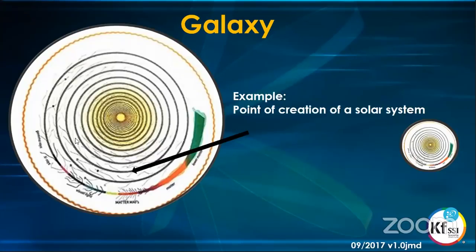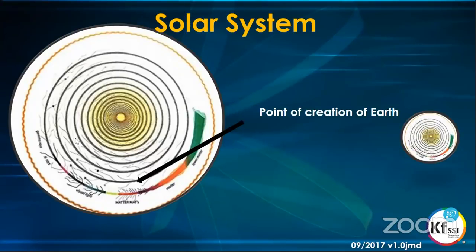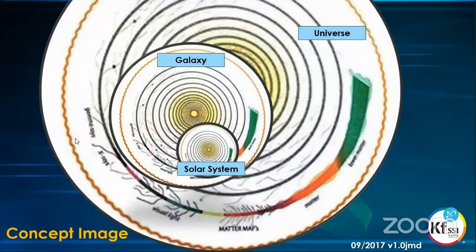So we can now take that galaxy, and when we then go at a different strength within that galaxy, we get the creation of a solar system at a certain point in that galaxy, a certain field strength. And within that solar system's field strength, it leads to the creation of what we have as Earth. So as you can see, the one is just a larger reflection of the other or smaller reflection of the other.